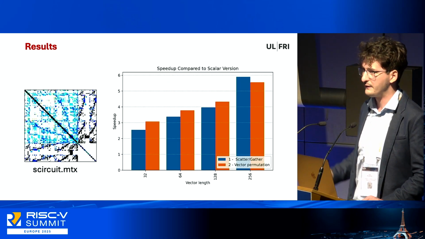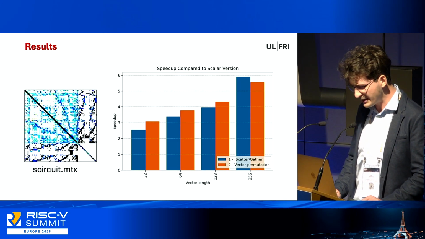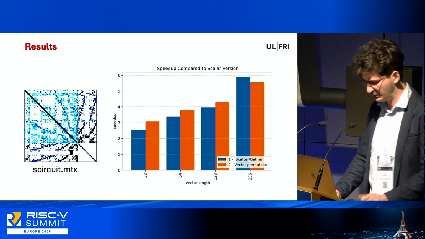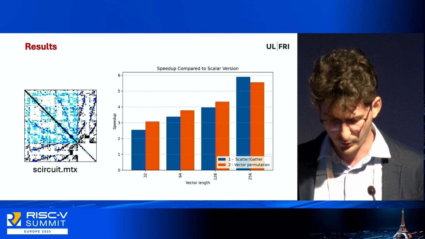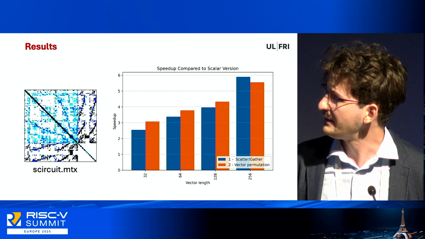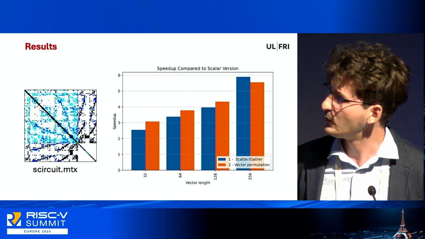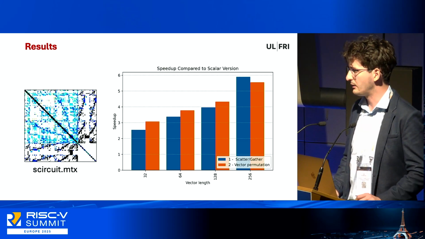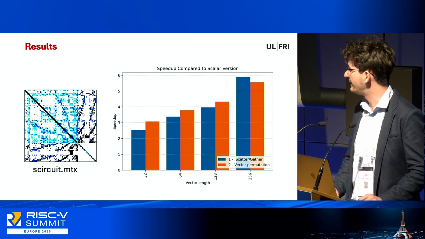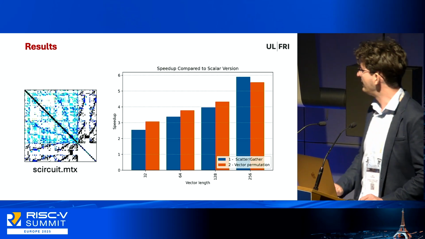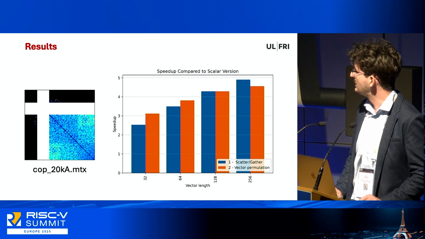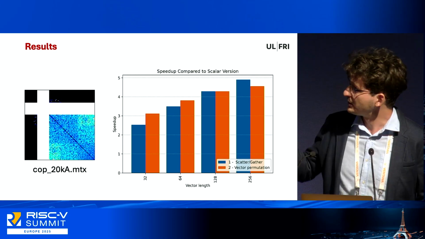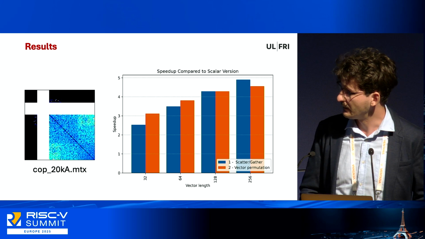Then for the other matrices, we have a speedup that goes from 3 to 6. And we see here also from the second matrix that the vector permutation gave us better results than the scatter-gather operation. And a similar thing we can see with the last matrix.